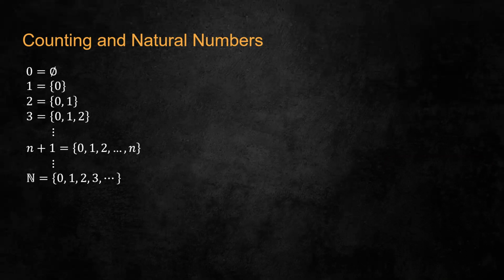Now we need a set that only has one element. Well, we have 0, so let's make a set just with 0. For a set with 2 elements, we're going to make a set with 0 and 1. So that is our number 2. And so on. The set with n plus 1 elements has all the numbers from 0 to n. And if we continue this process to infinity, we'll have the natural numbers.